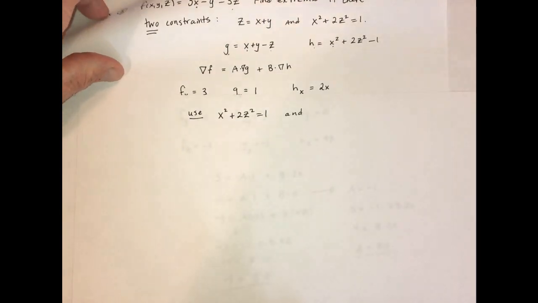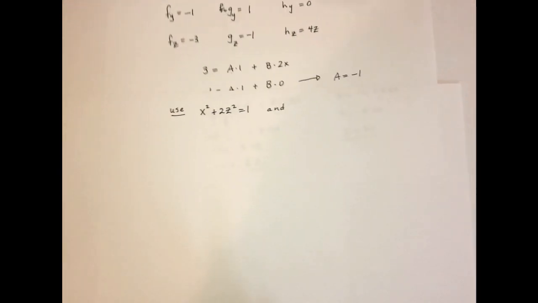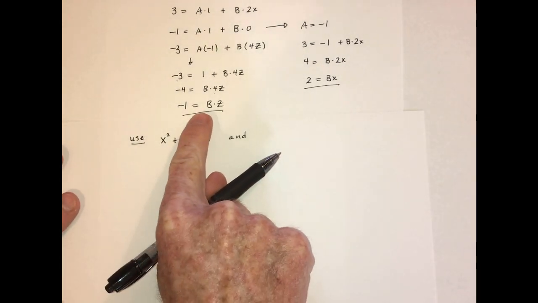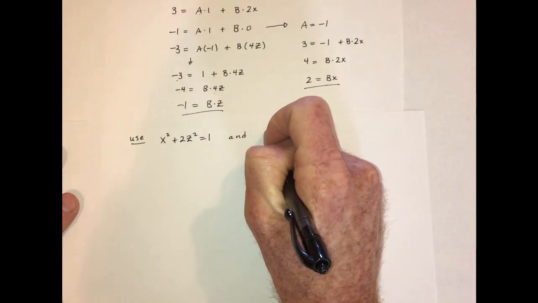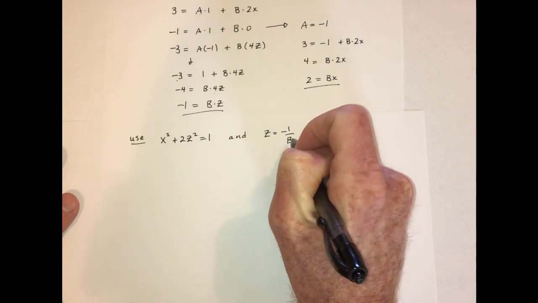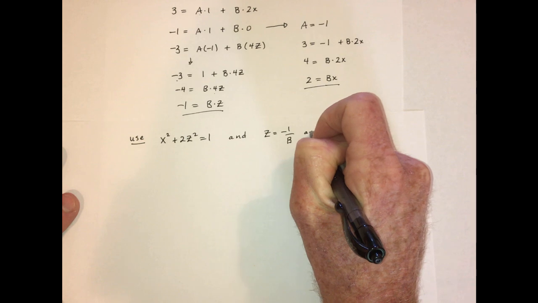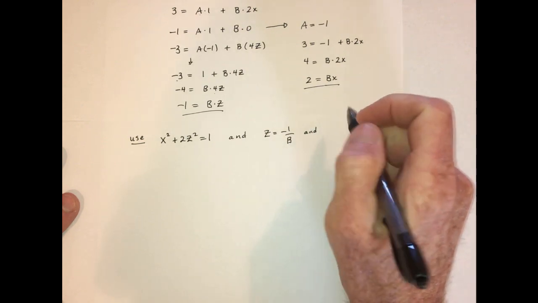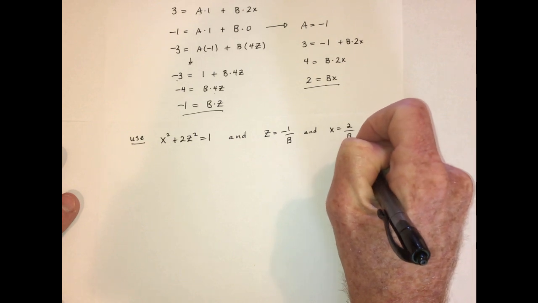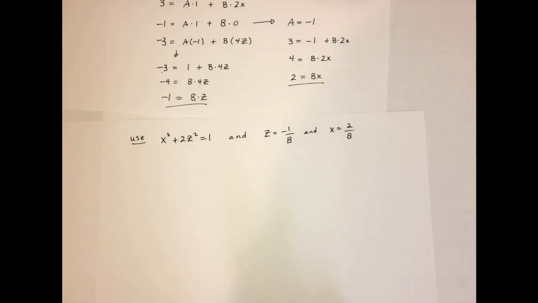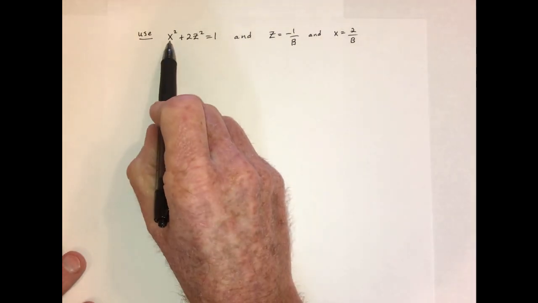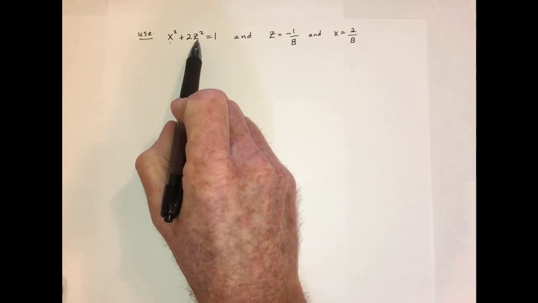And from this one, z is equal to negative 1 over b. And from this one, x is equal to 2 over b. Now, substitute those in here and here.